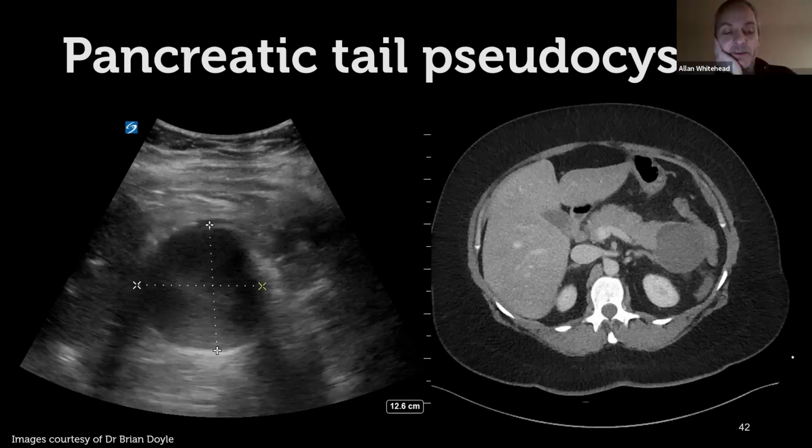I think you've also got to be a bit cautious about their interpretation of the ultrasound as well, because I've had at least a handful of cases in the last couple of years where I've disagreed with the radiologist's interpretation.